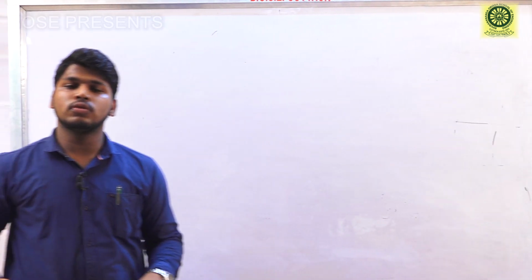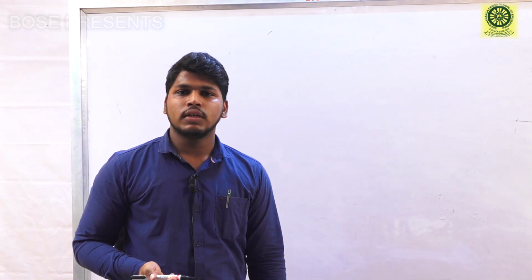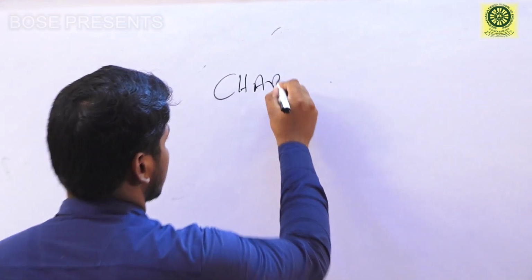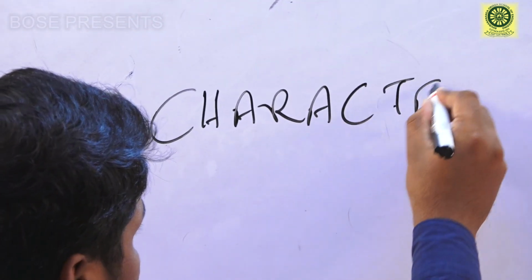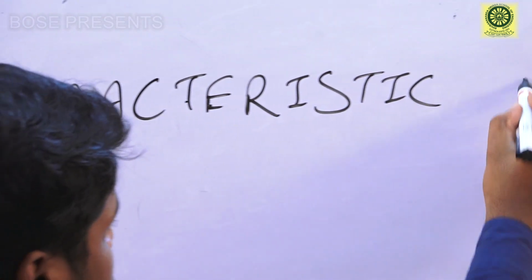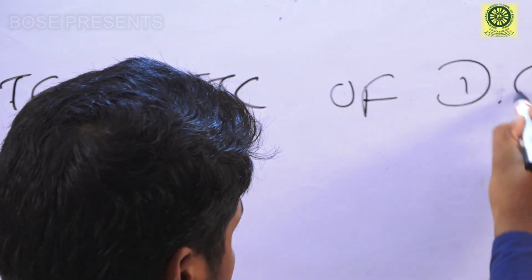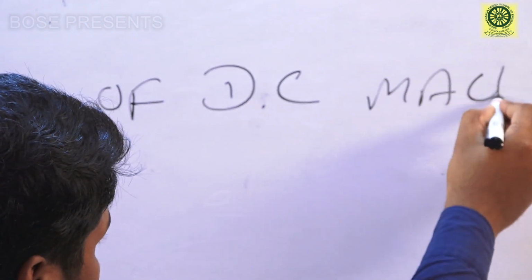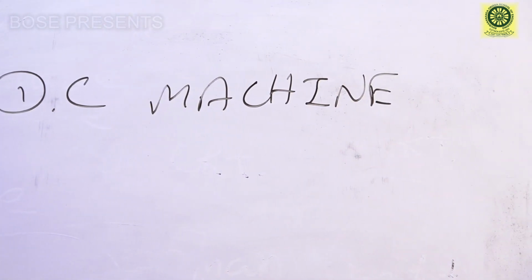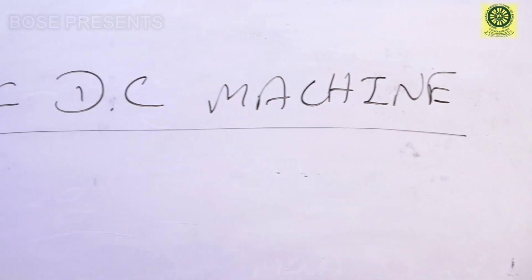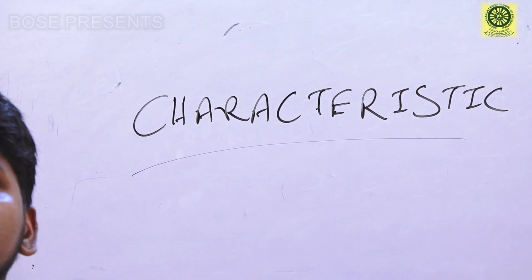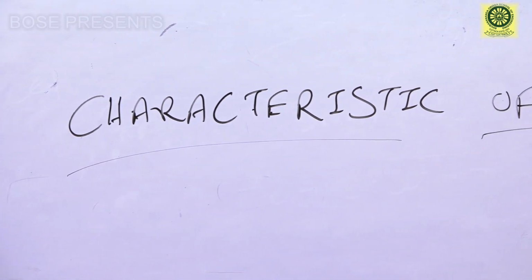Now we will go to the characteristics of the DC machine. So DC machine means it can be a series motor, it can be a shunt motor, or it can be a compound motor.